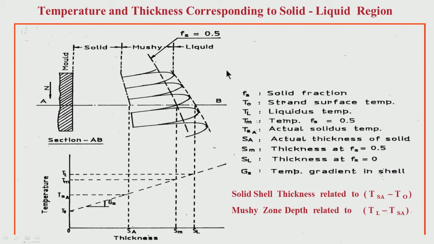So, the mushy zone is determined by how much will be the width, depth of mushy zone, what will be the depth of solid phase during solidification. If you look at this figure, this is the thickness. So, the actual solid, the depth of solid, it depends on what? Depends on, look at here, what is the temperature here?